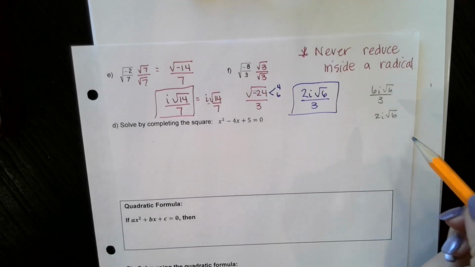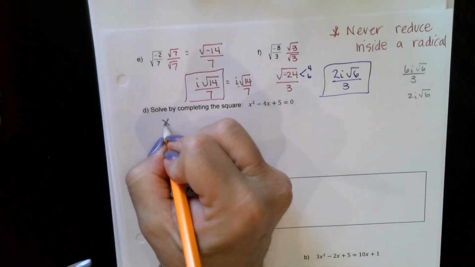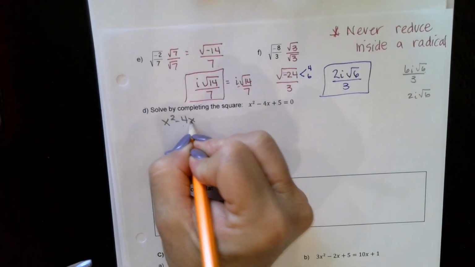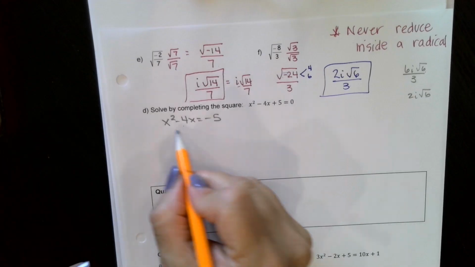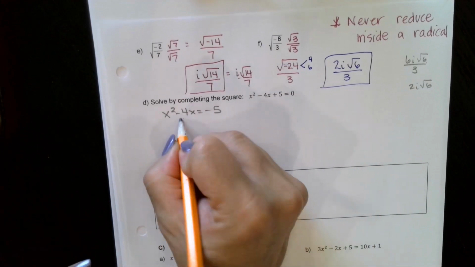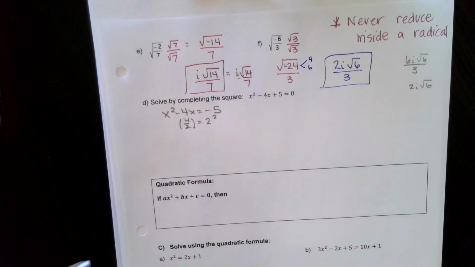Okay? All right, so now this one says we want to solve this by completing the square. So I'm going to say x squared minus 4x equals negative 5. So complete the square. That's where we isolate all of my x terms. I can't pull anything out. So I'm going to say 4 divided by 2 is 2 squared.